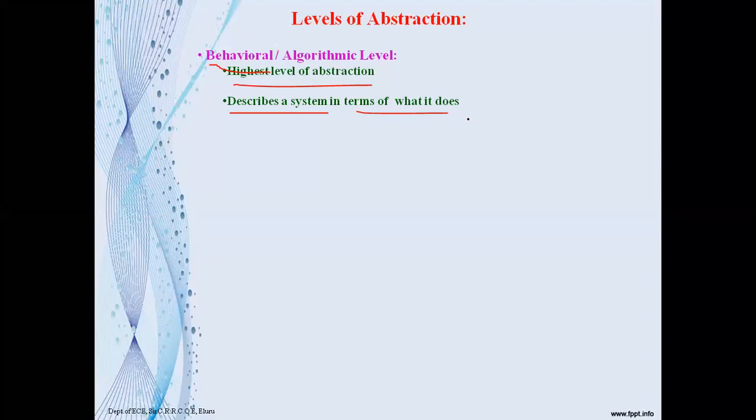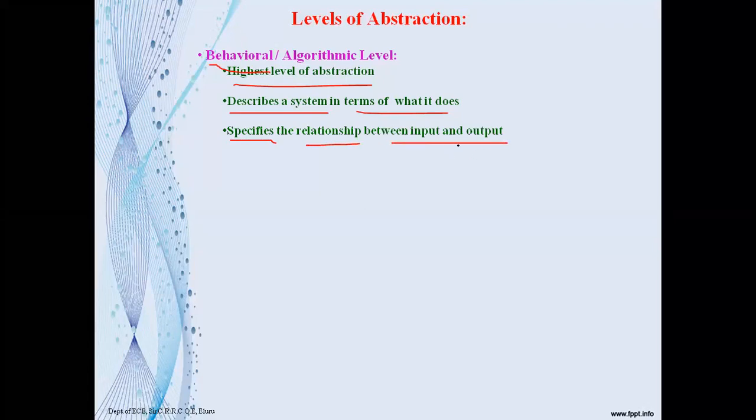In terms of what it does, which means how the circuit behaves. The behavioral level describes a system in terms of how the circuit behaves. The behavioral level of abstraction specifies the relationship between the input and output.